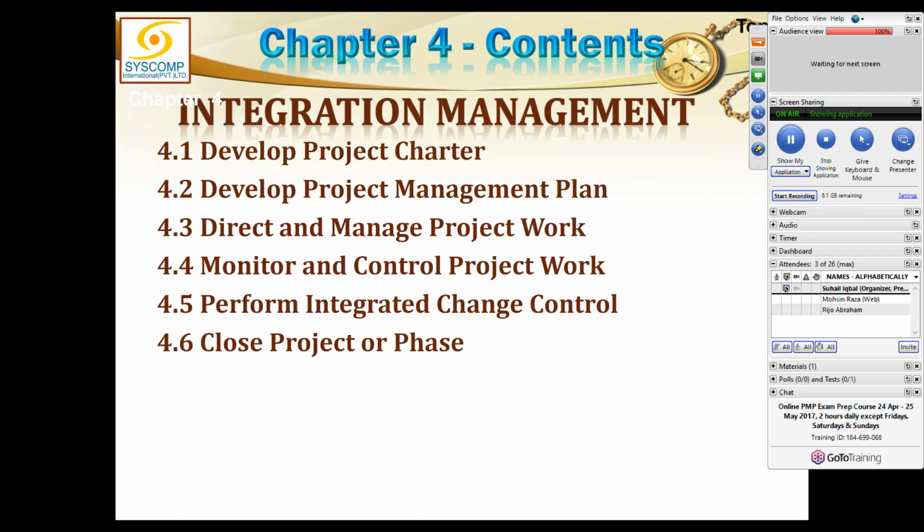Once we are studying this, all the knowledge areas, you will see we will be revising everything we have studied so far and going into further depth. So in initiation, just recall what the processes in the initiation process group were. Naturally, one was develop project charter. What was the next?